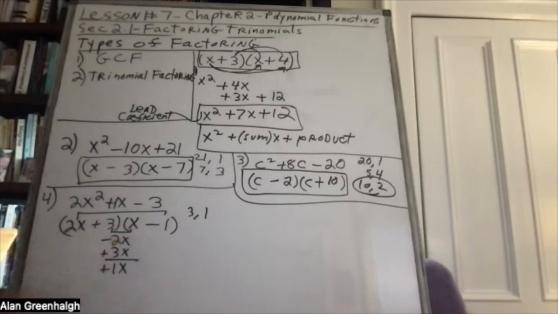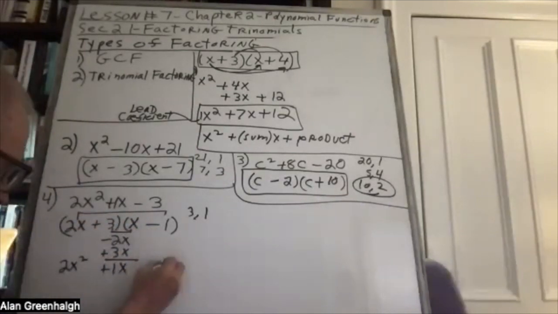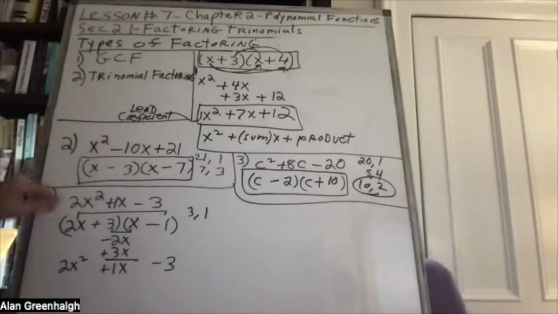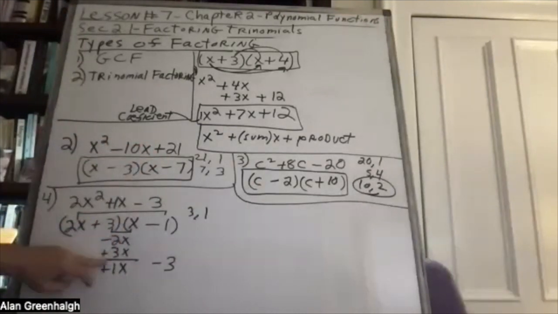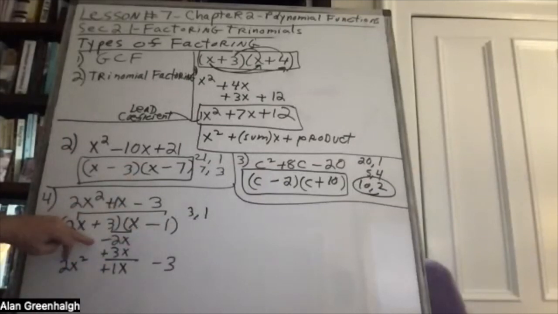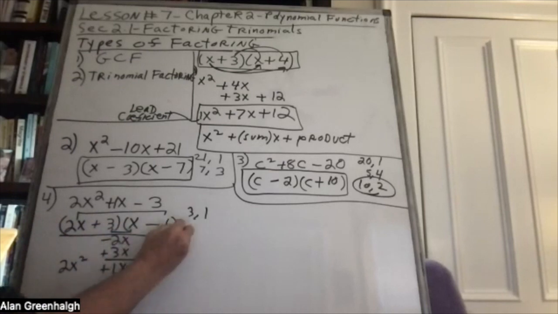And this is the answer to the question, because 2x times x is 2x squared. 3 times negative 1 is negative 3. That's good, right? But the middle term is the problem because now 3 times x is 3x and negative 2x. And when you add them, you get that expression. So that'll work out. And this is the answer to the question.